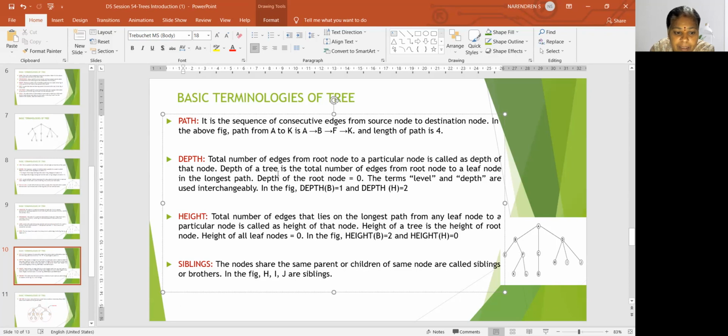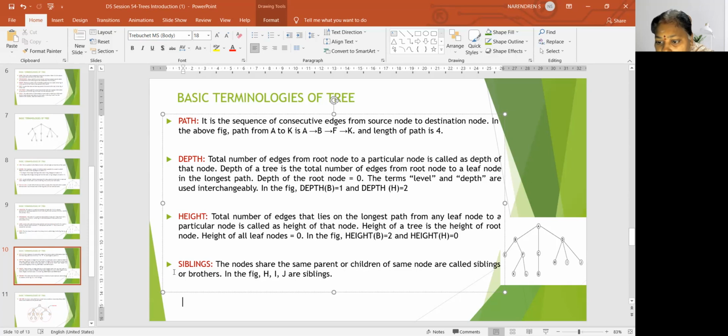Siblings, we have already seen: the nodes that share the same parent, or the children of some node, are called siblings or brothers. Like in our real world example, our brothers and sisters are called siblings, which means our parents are the same.